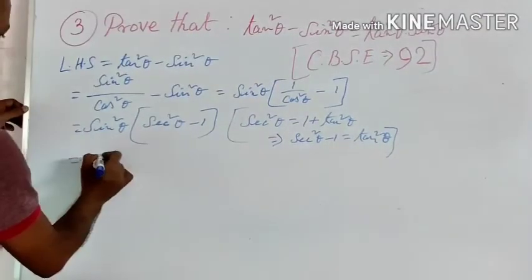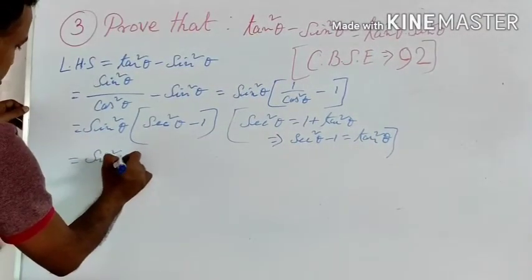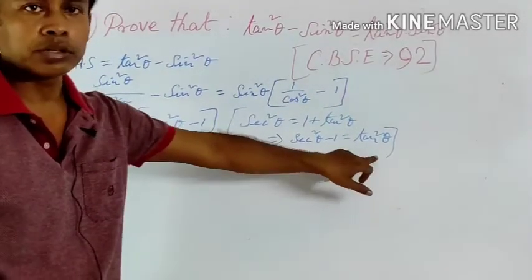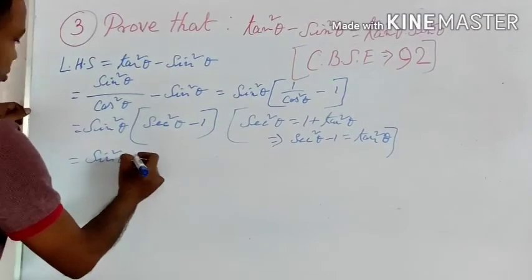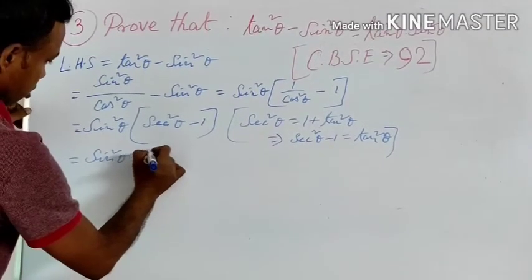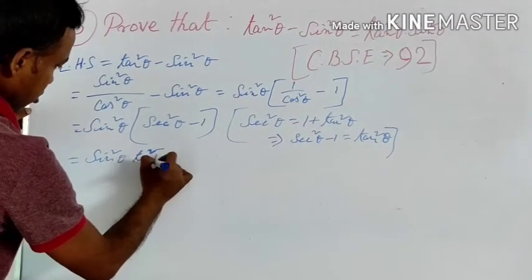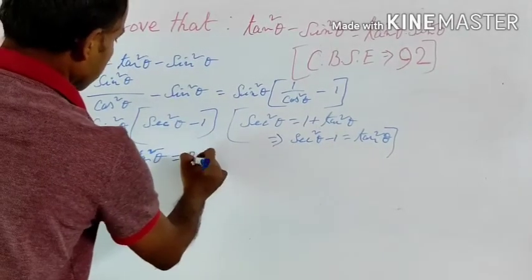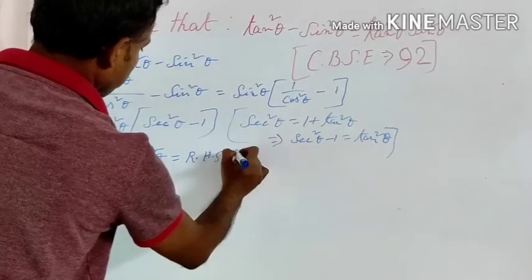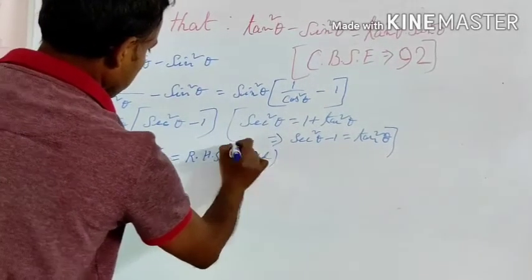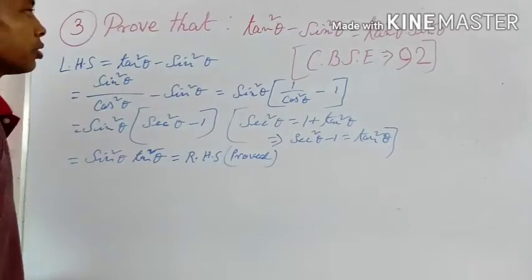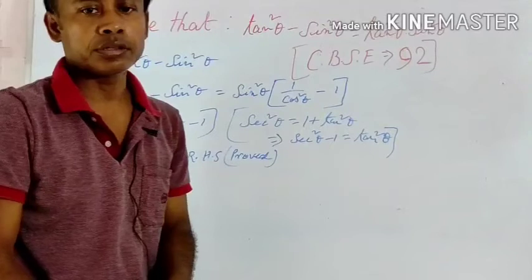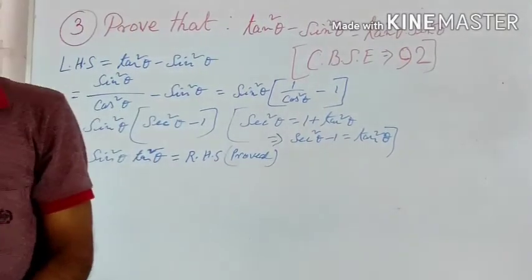So sin square theta into sec square theta minus 1; sec square theta minus 1 is equal to tan square theta, so we replace it with tan square theta. This is your right hand side. Proved. This question came in the year 1992 from CBSE. Okay, next question.